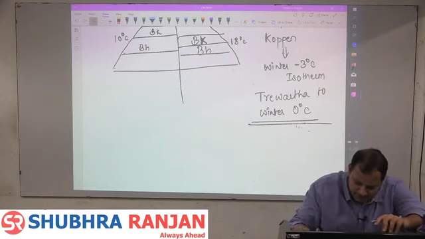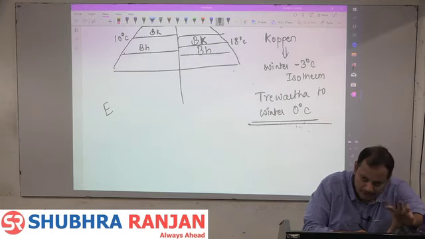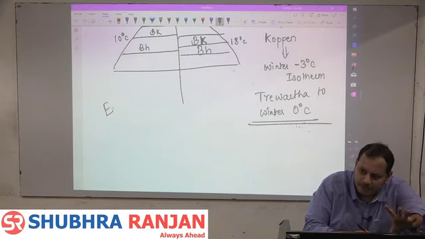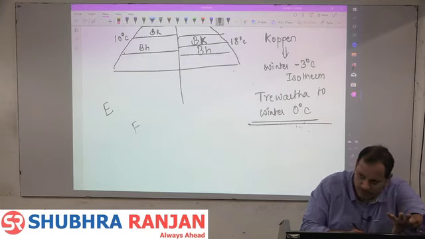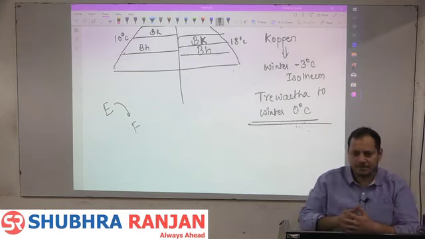Next, how many climatic types in Köppen? A, B, C, D, E. 5. In Trewartha there are 6, including F. So Köppen's E is Trewartha's F. That is the next difference.